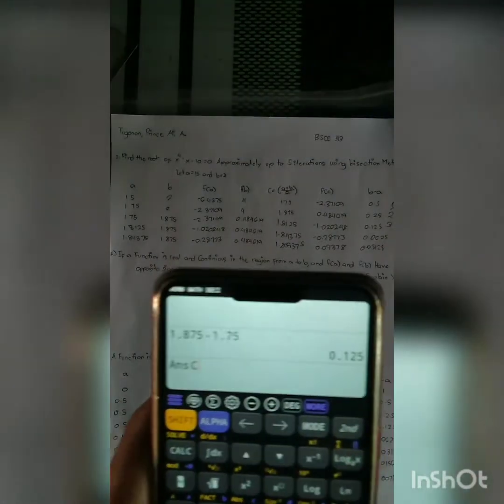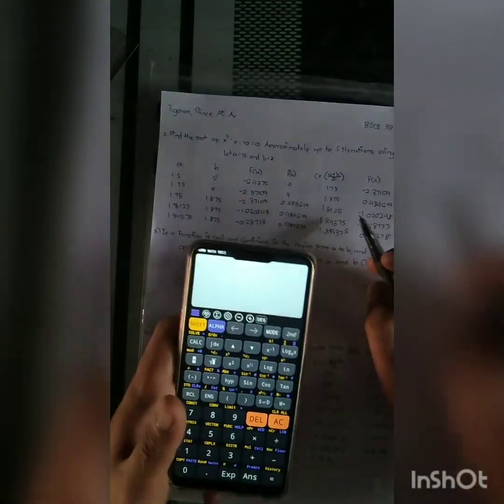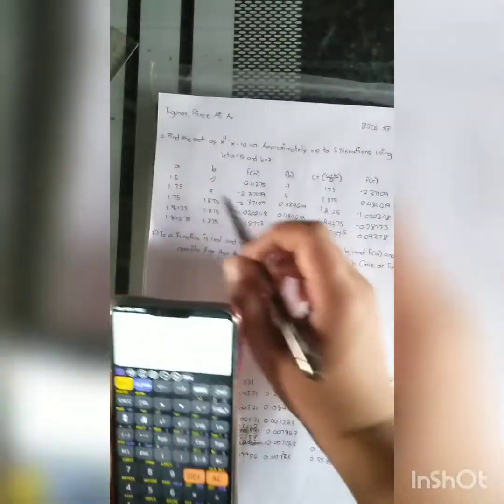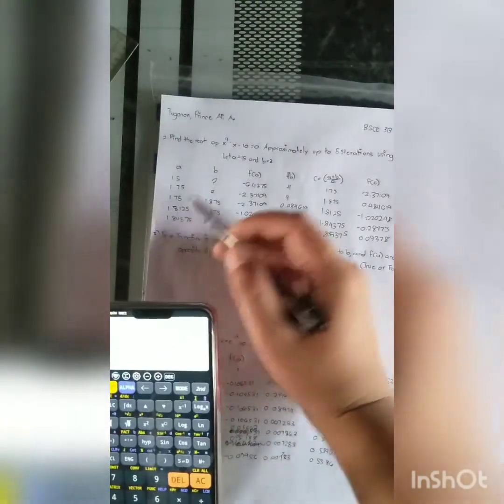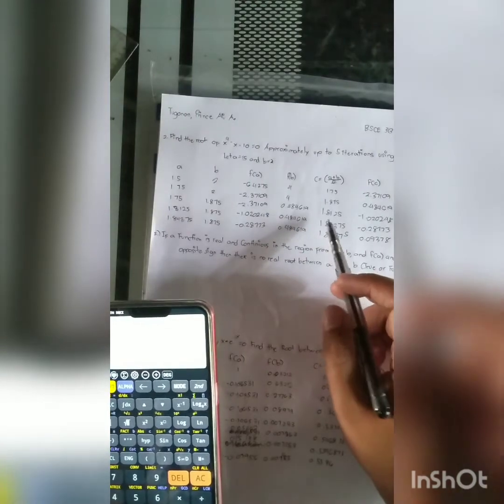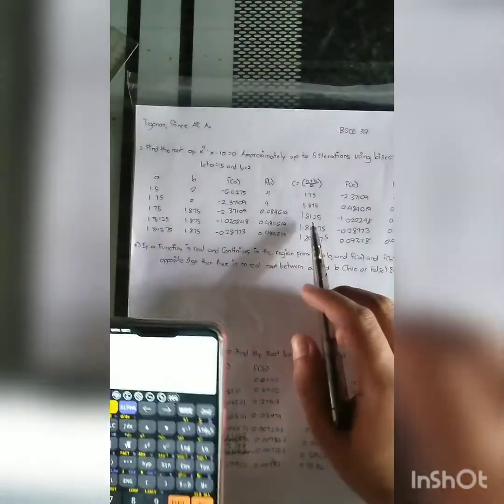Now, we're gonna go on to the fourth iteration. So in the third iteration the function of c is negative, so a must be the same as the value of c, which is 1.8125.